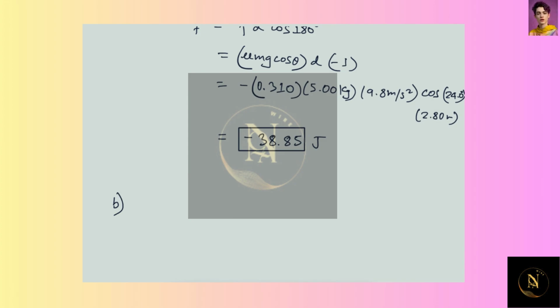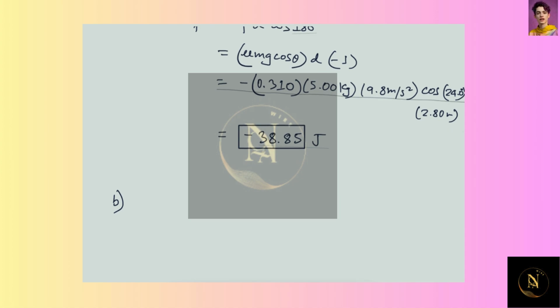Now for part B, we have to find out the work done on the package by gravity. On the incline we have two components of gravitational force. One is parallel to the incline and down the incline, mg sin theta, and the other one is perpendicular to the incline, which is mg cos theta.